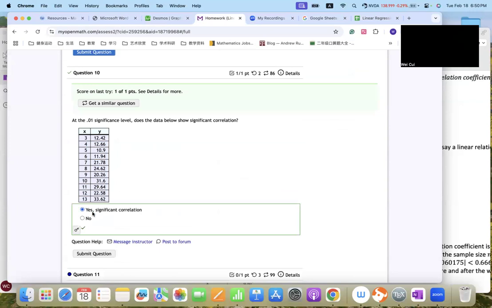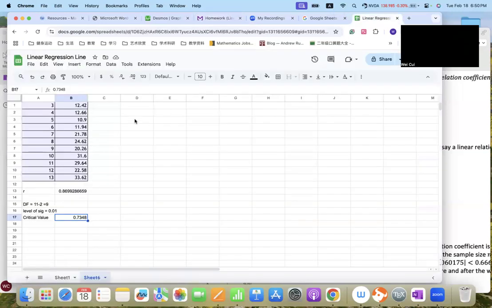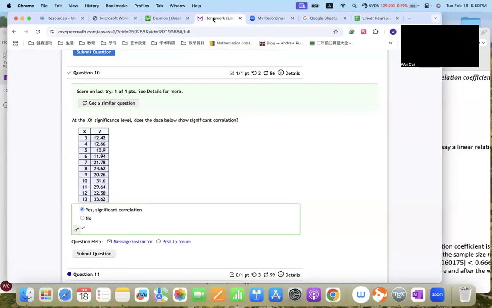So that's how to find the correlation coefficient using the Google Sheet and how to compare the coefficient with the critical value.